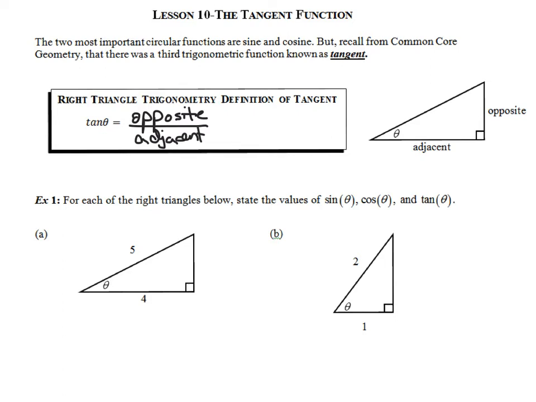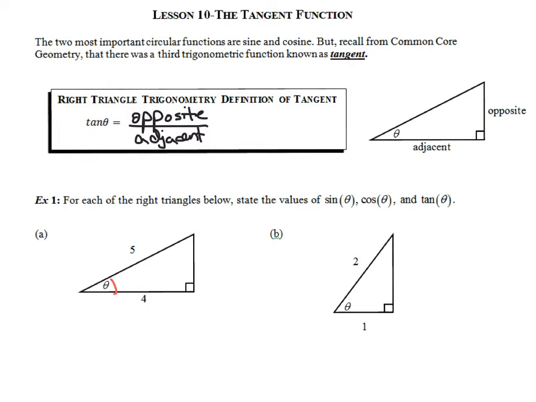So if I look at the diagrams in example number 1, I'd like to find the sine, cosine, and tangent for each of these angles inside the triangle. You'll notice that this is the angle that we are looking for. Now, in order to find sine, cosine, and tangent, you might have a mnemonic where you remember what each is equal to.